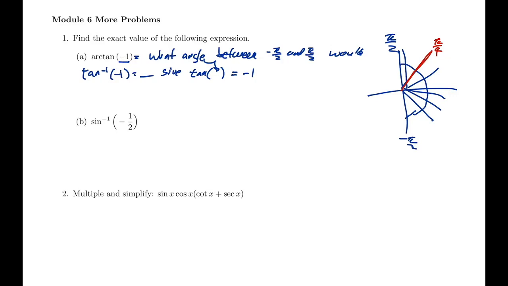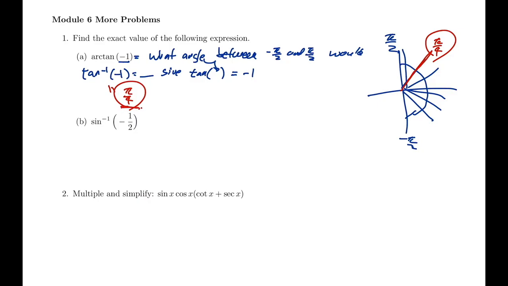Sine of pi over 4 is square root 2 over 2, and cosine of pi over 4 is also square root 2 over 2. Therefore, the tangent of this negative angle will give us negative 1. So this answer is negative pi over 4. Again, part of knowing inverse trig functions is that they give only one answer.